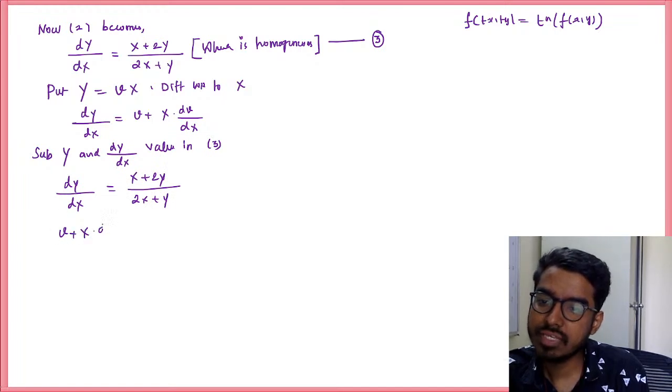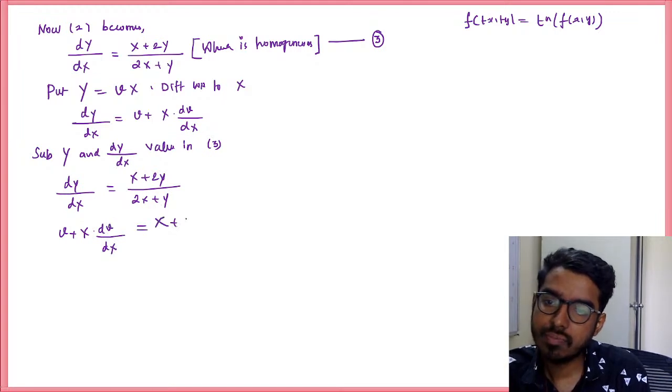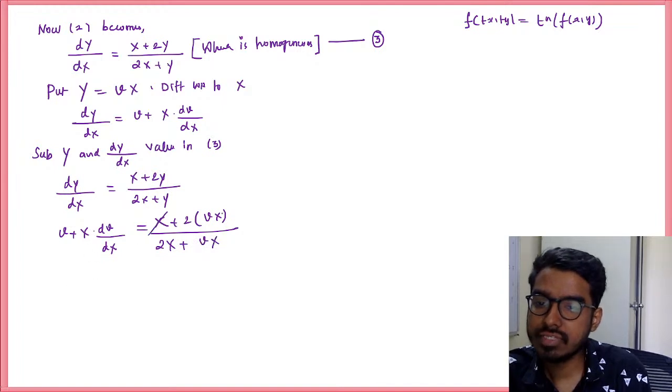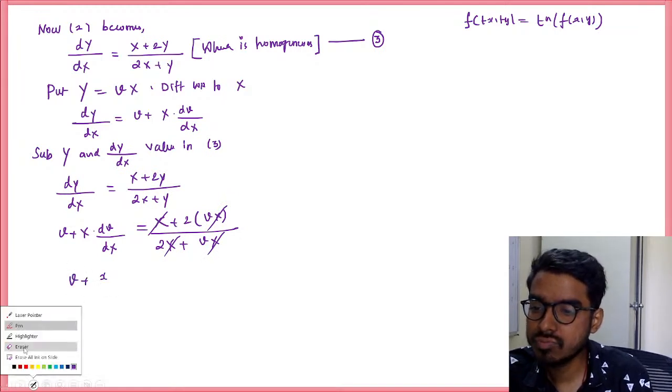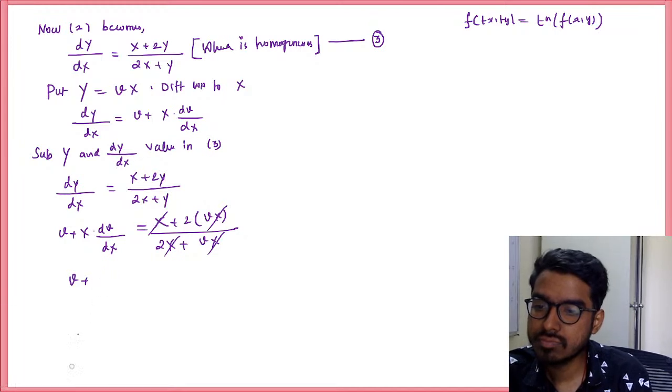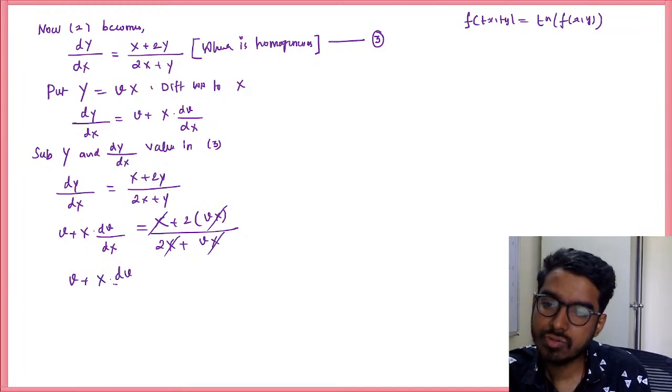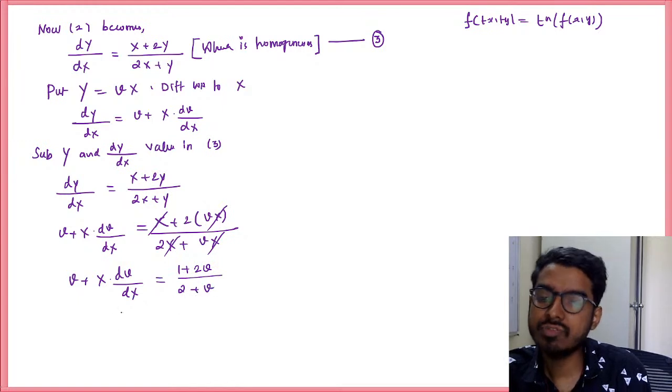So V plus X into dV by dX is equal to X plus 2 into Y, where Y is VX, divided by 2X plus Y. Now this X will get cancelled when we take it common. So we will have V plus X into dV by dX is equal to 1 plus 2V divided by 2 plus V.